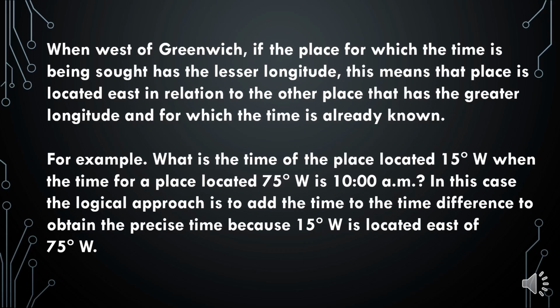For example, what is the time of the place located 15 degrees west when the time for a place located 75 degrees west is 10 a.m.? In this case, the logical approach is to add the time difference to the time to obtain the precise time, because 15 degrees west is located east of 75 degrees west.